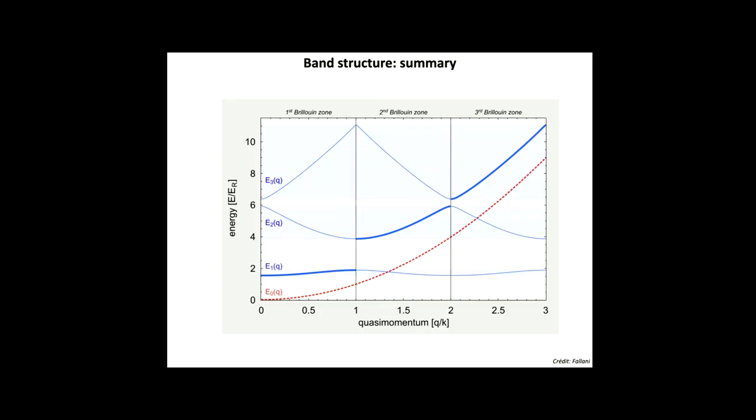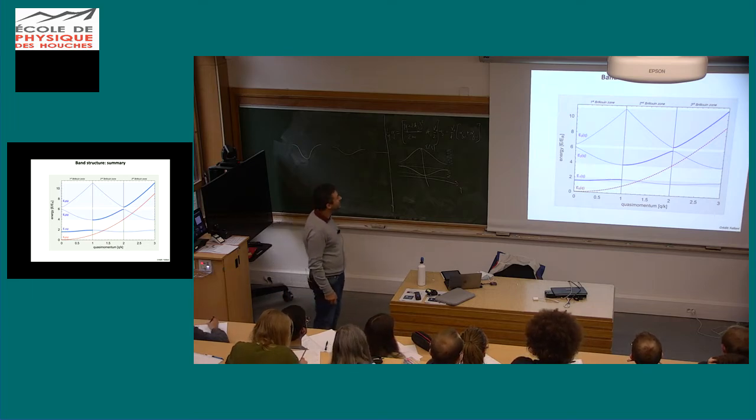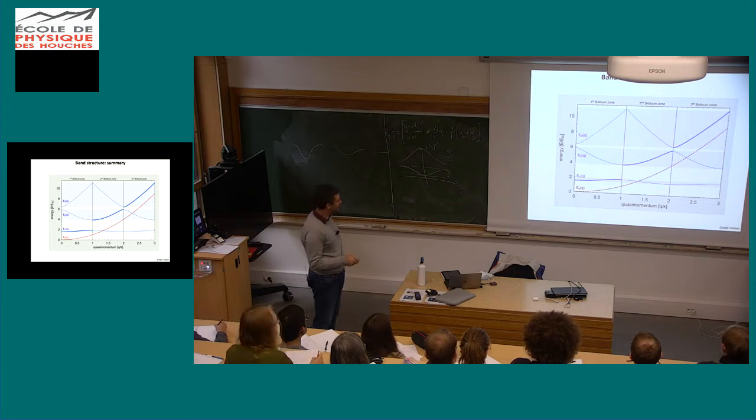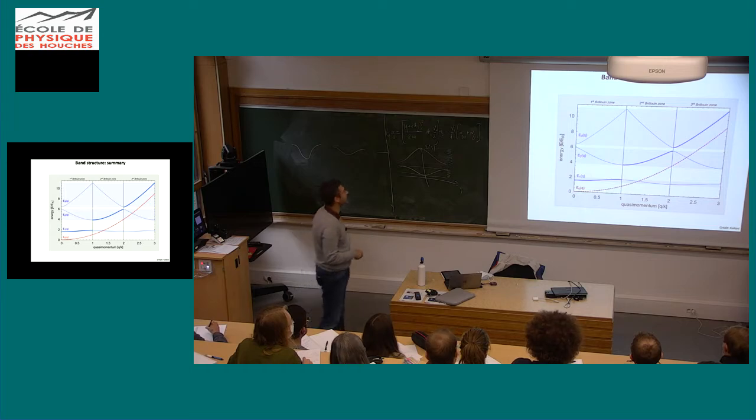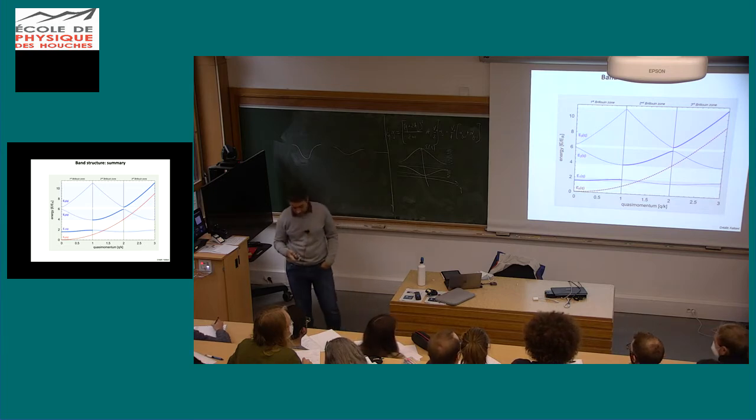Okay. So I would say that this is the summary of this band structure: eigenenergies as a function of quasi-momenta. I've put first, second, third Brillouin zone, but as you know, we can fold everything onto the first Brillouin zone, as we've just seen. So what do we have? First of all, instead of the parabolic shape without the lattice, we have a band structure with different bands on the first Brillouin zone.